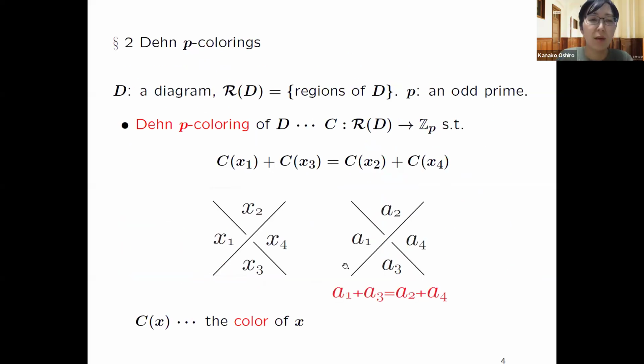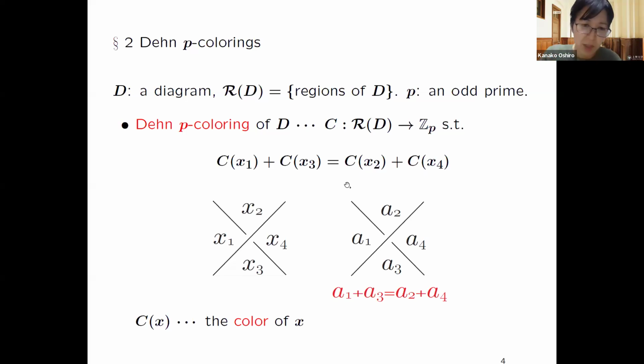And next, Dehn p-colorings. Let D be a diagram, and we denote by R_D the set of regions of D. Let p be an odd prime number. Then a Dehn p-coloring of D is a map from the set of regions of D to Z_p, satisfying this condition.